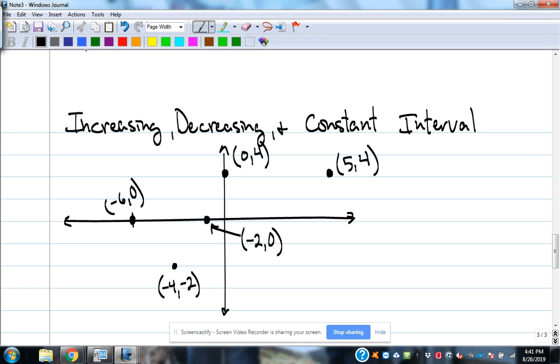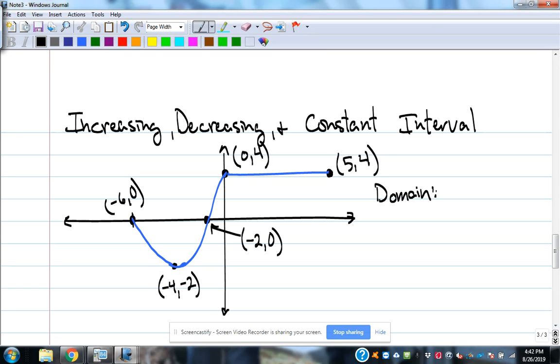Okay. I'm going to draw the graph. Use a straight edge here. Make it a little better. That's perfect. Okay. Now, so what we have here is a function of some sort. We don't know the equation for this. Doesn't matter. What we want to do is first state the domain.